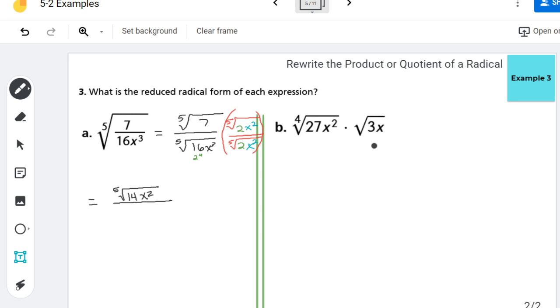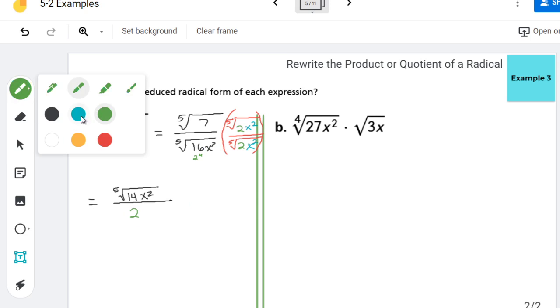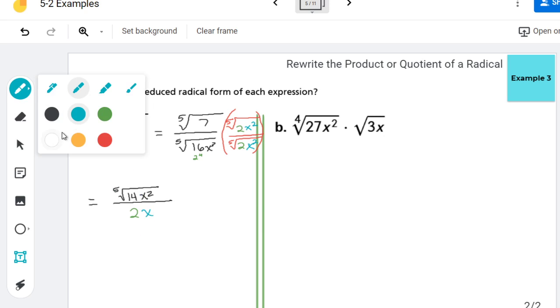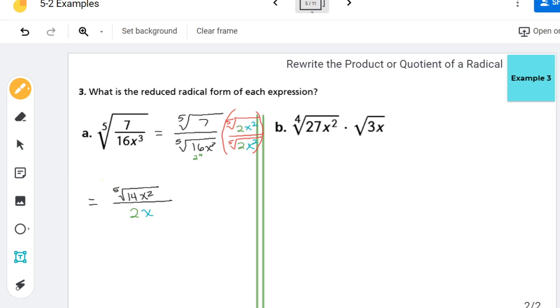We have a 2 to the 4th times another 2. That's 2 to the 5th, so our 2 comes out of the radical. And then an x cubed and an x squared together is an x to the 5th, and the 5th root of that is just an x. So there we are. That is the reduced radical form of that expression.